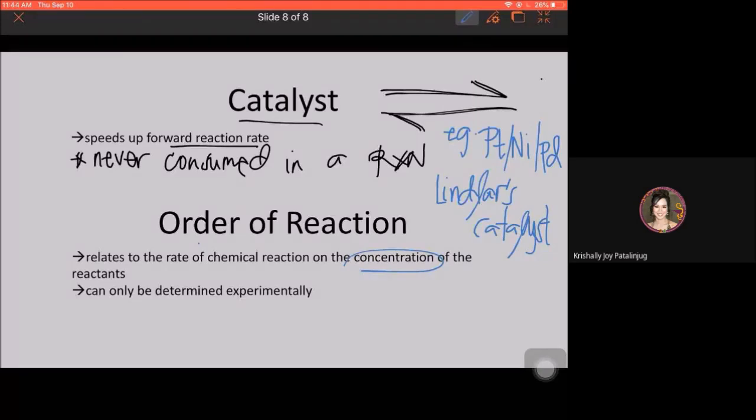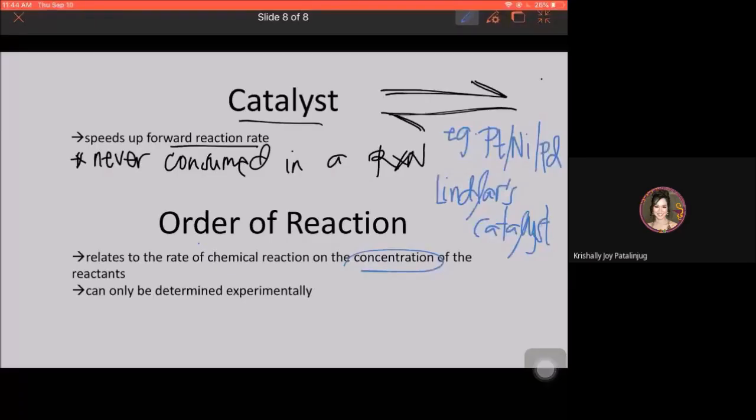So mas madadiscuss po to more detailed as you go on your higher year in pharmacy. Kasi you cannot determine the order of reaction if hindi mo siya gagawin experimentally. Okay? So ayan. But again, related lang siya sa concentration ng reactants. Okay?